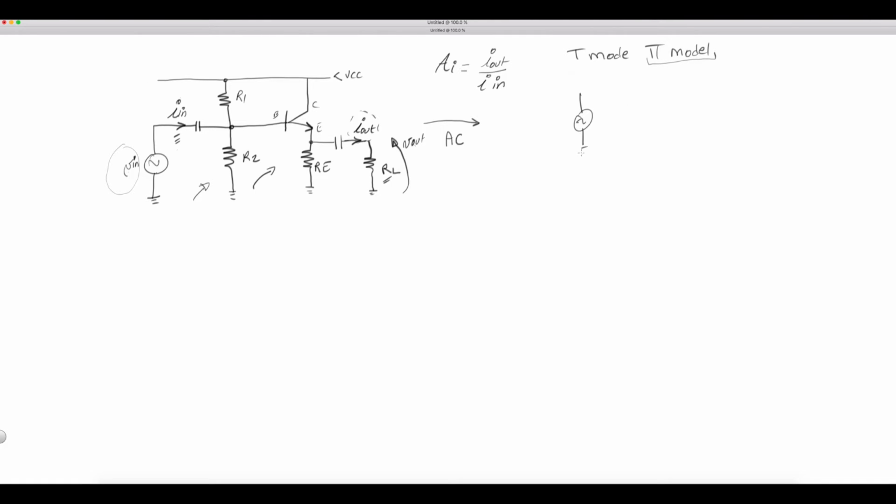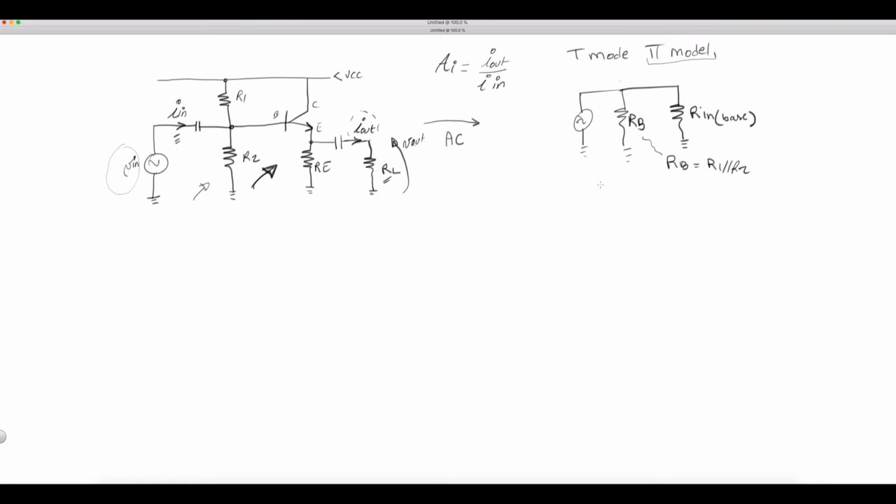So I'll have a source, and then I'll have RB here, where RB will be equal to R1 in parallel with R2. And all of this would be in parallel with R in, at the base. Let's call it R in base.